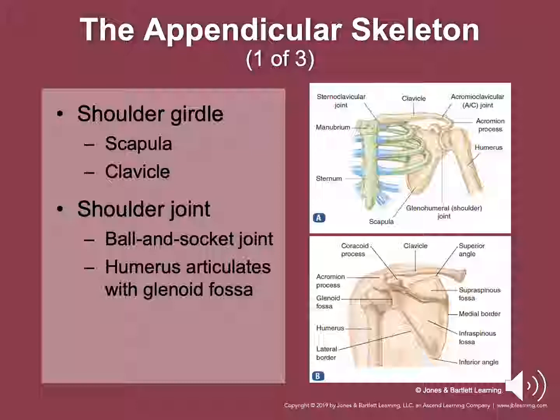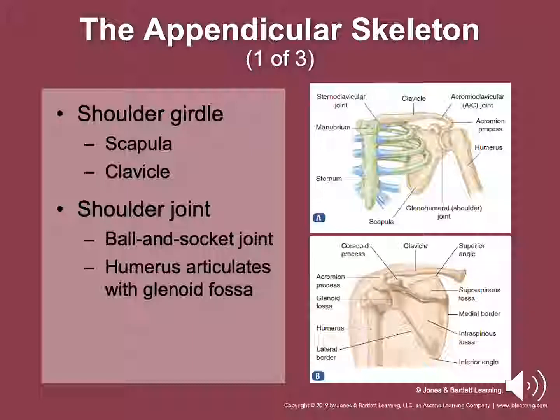The shoulder joint is a ball and socket joint. The bursa is a pad-like sac situated between the tendon and the bone that cushions and protects the joint. So the bursa is pretty important, and it helps keep that cushioned so it doesn't hurt every time.